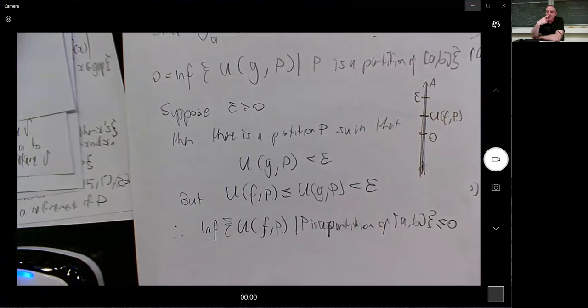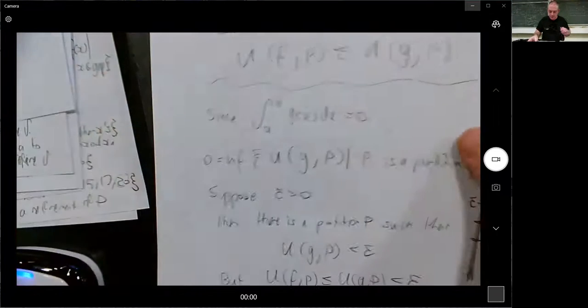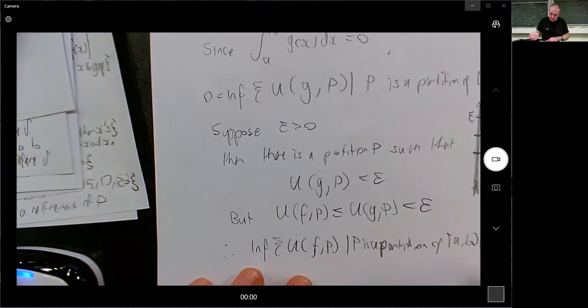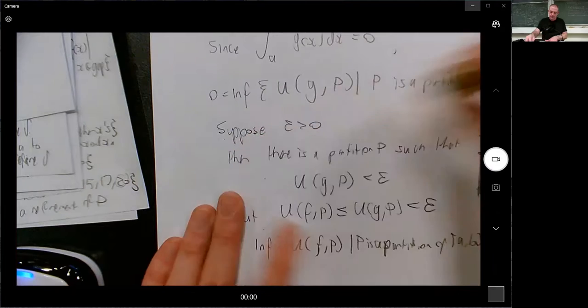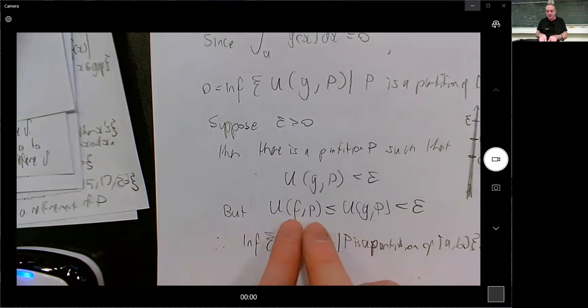I just want to be sure in myself. Since f is more than 0, the upper sums for f of P must be more than the upper sum of 0 for P, and the upper sum of 0 for P is 0.